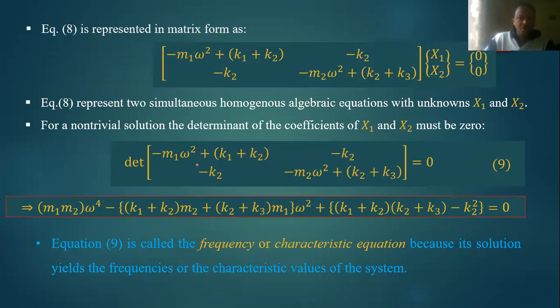So what are the eigenvalues? The determinant of this matrix equal to 0 gives us this type of equation, called the frequency equation, characteristic equation, or eigenvalue equation, which means we are going to determine the eigenvalues.